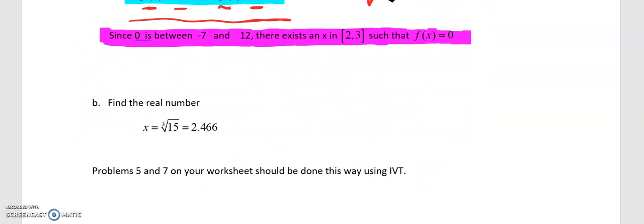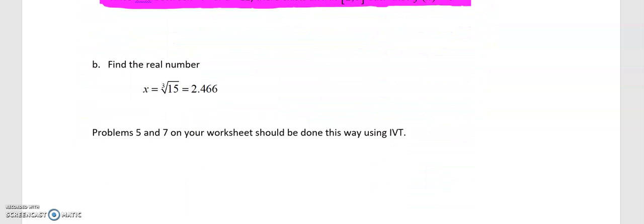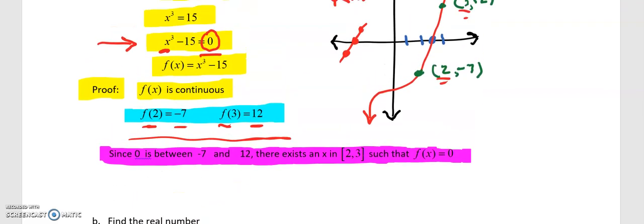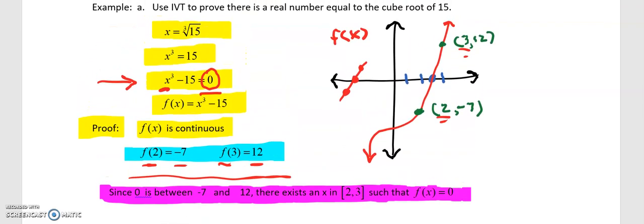So really the last part of this, part B, goes pretty quick. Part B is actually finding the real number that exists. So really all you have to do here is take the cube root of 15 in your calculator. And when you do that, you get 2.466. So let's go back up here just for a second so I can get the graph and the explanation here on the screen.